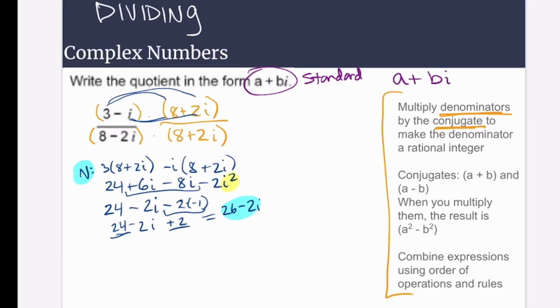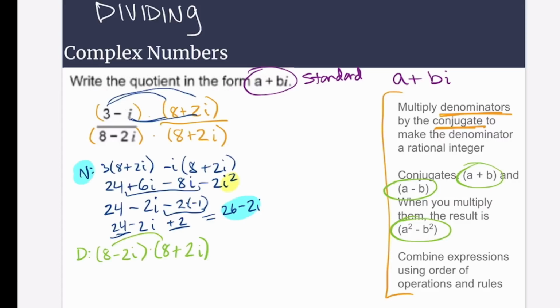Now we can do the denominator and see where this leads us. Our denominator is going to be 8 minus 2i times 8 plus 2i. These are conjugates. When you multiply conjugates, they have a trick: you get a squared minus b squared.